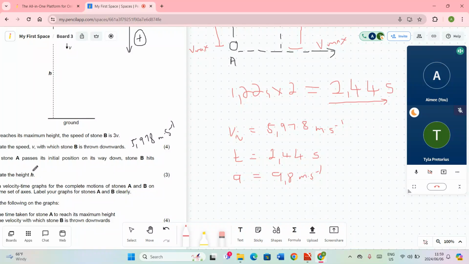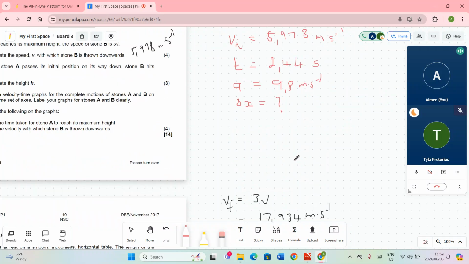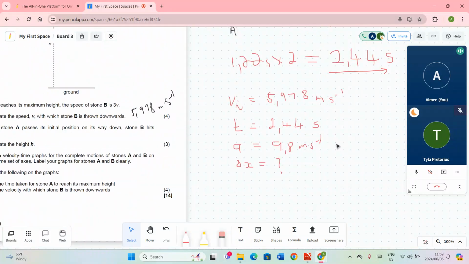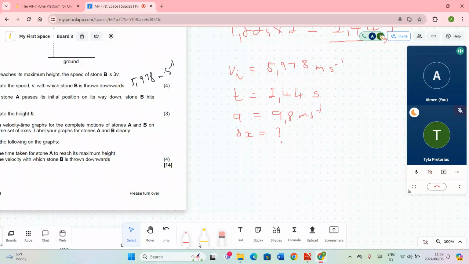And they're asking us to calculate height, which can also be translated into change in x. So that's what we're looking for. We have 3 of our 4 values.